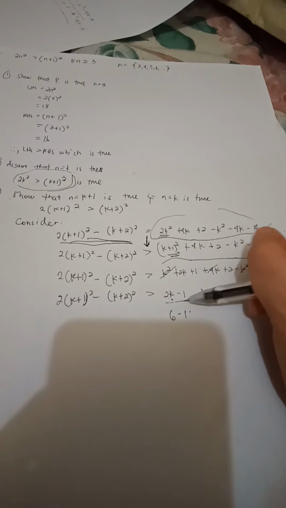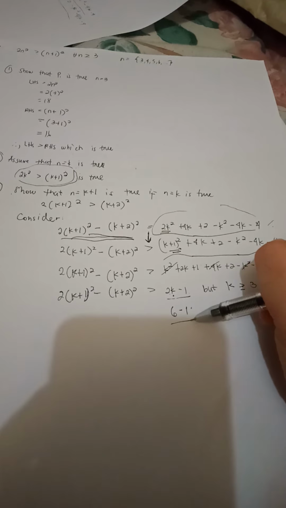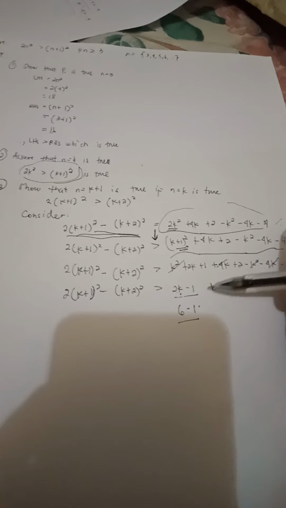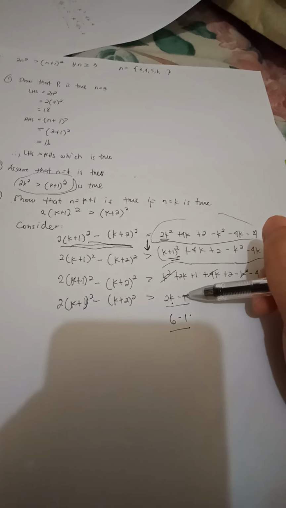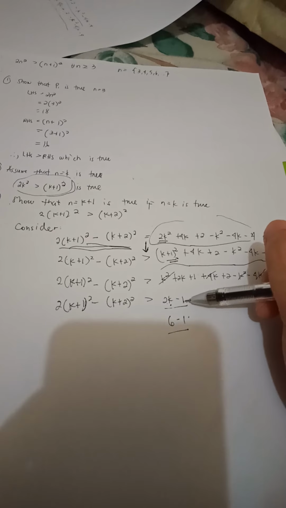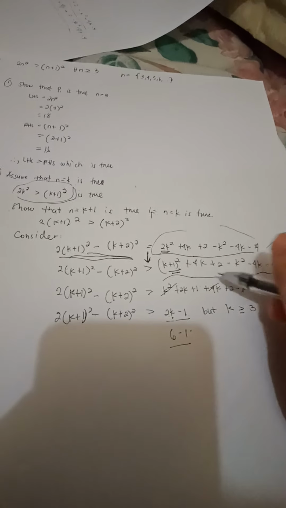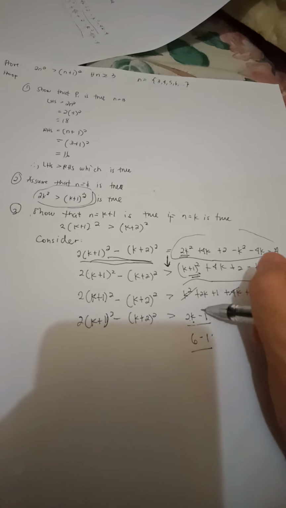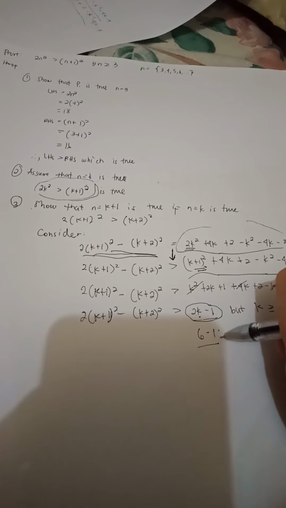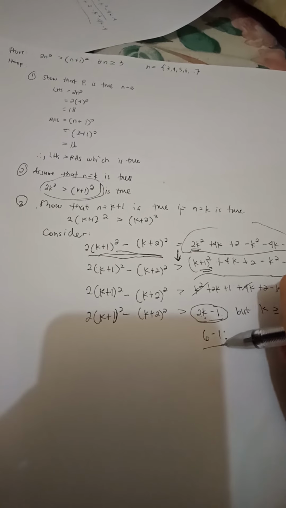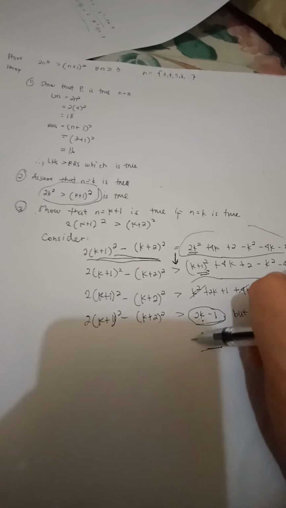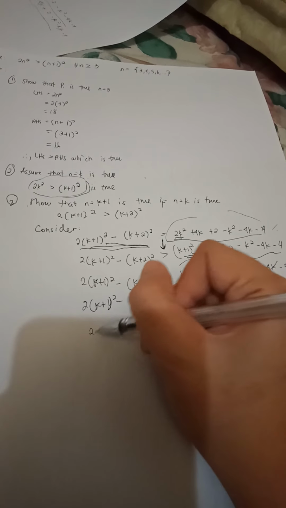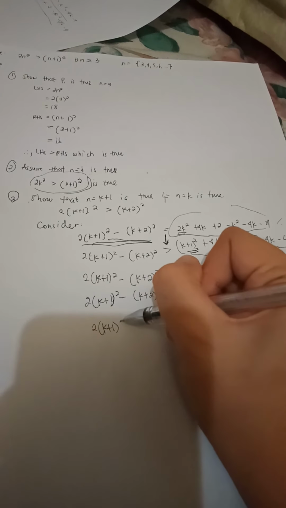Will this be bigger or will this be bigger? They could be the same size if k is exactly equal to 3. But for all other values, 4, 5, 6, 7, and so on, this would be bigger than this. So this side again is bigger than that. So copy again the left-hand side.